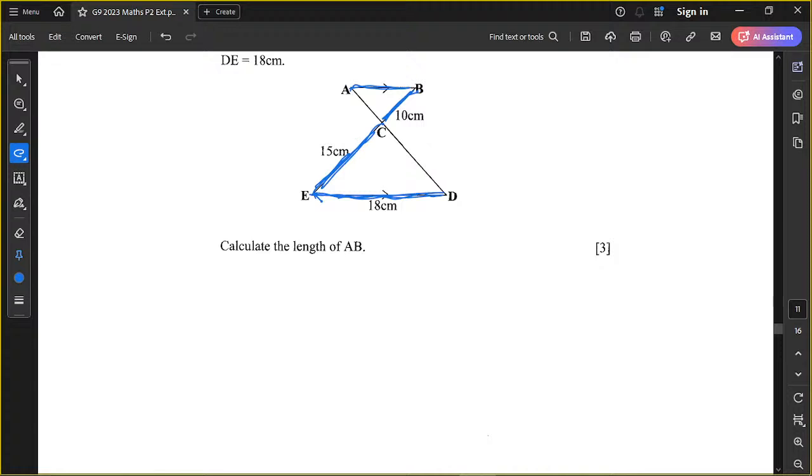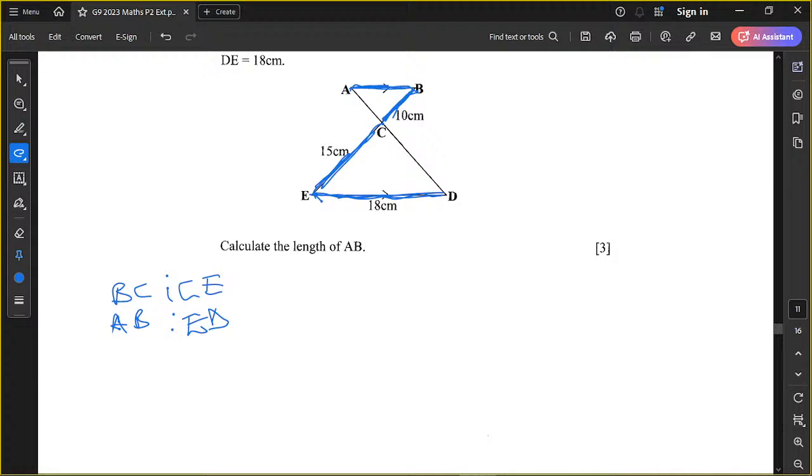These sides are given, so we write the ratio BC to CE. Then we can also say BC is in the same triangle with AB. So we put them on one side, AB to ED.